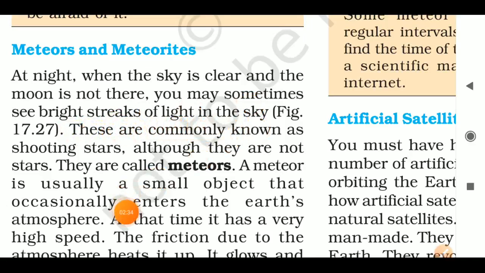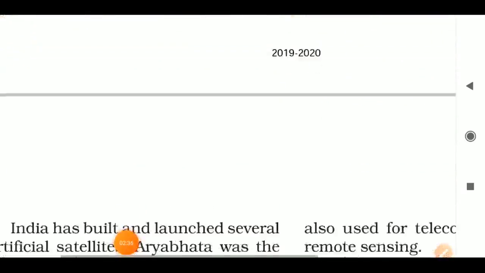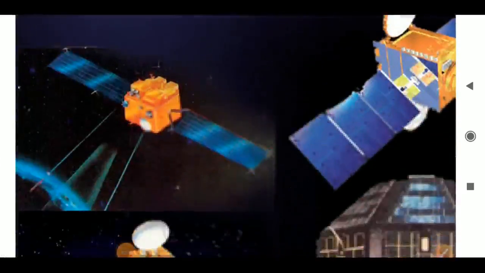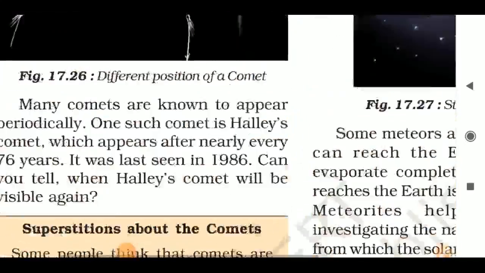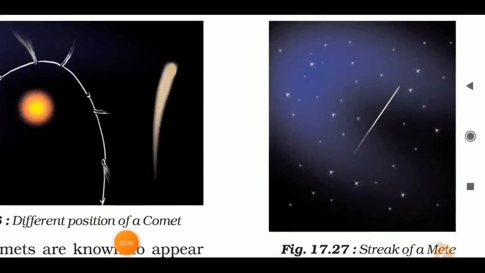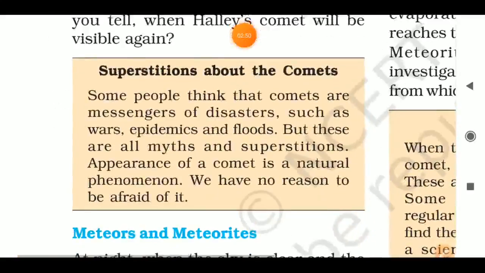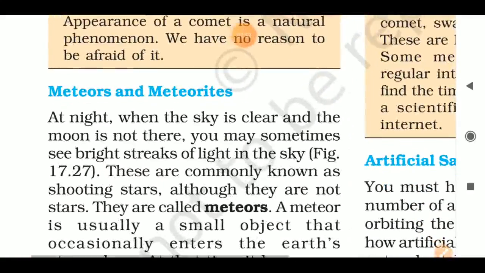For example, as you can see here in figure 17.2, this one, a streak of light. So what is this? This is a meteor. Although they are not stars, they are commonly known as shooting stars.